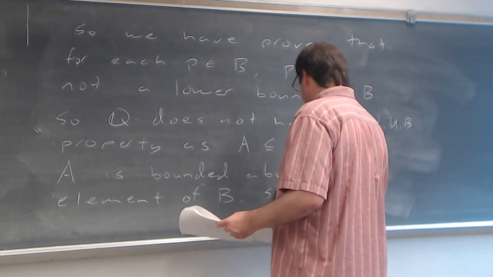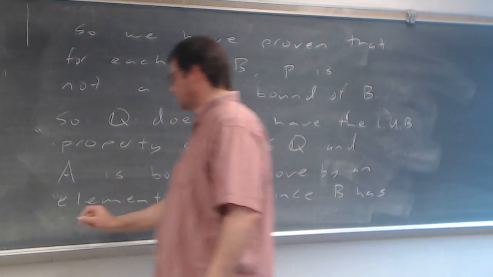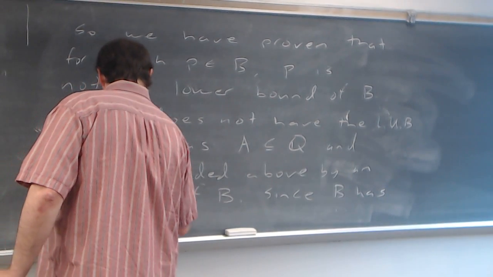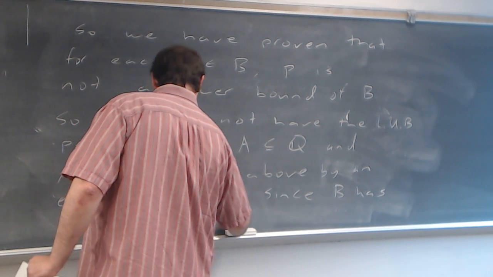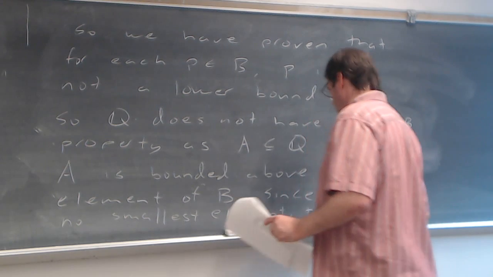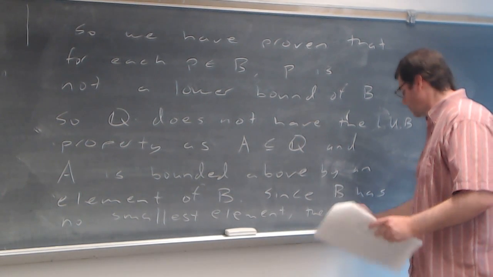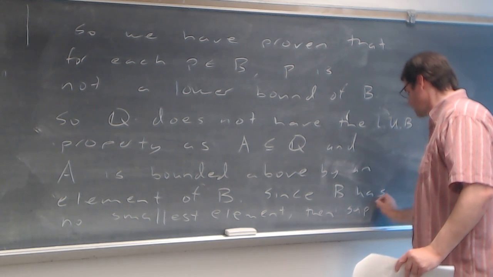Since B has no smallest element, then the sup of A does not exist.